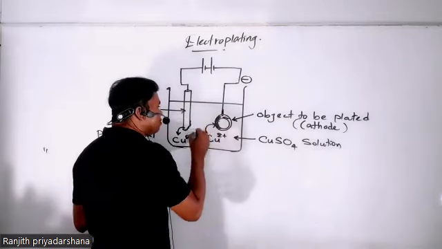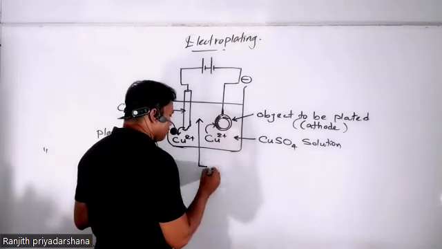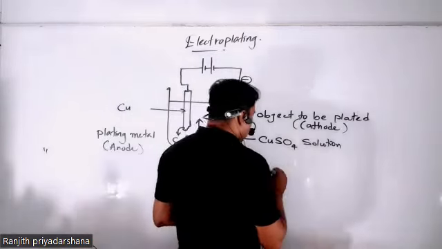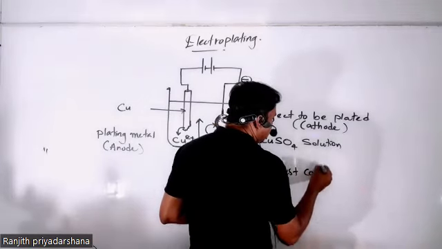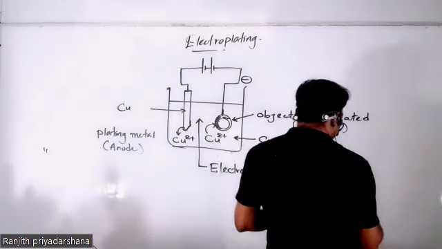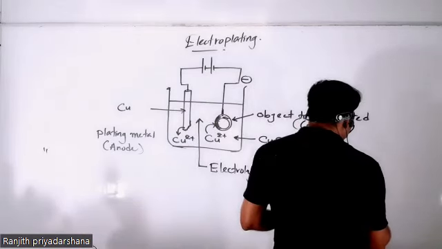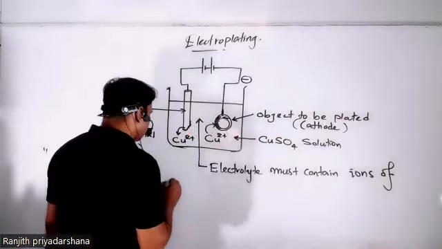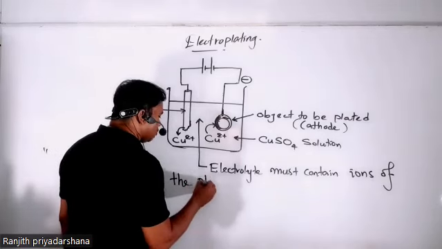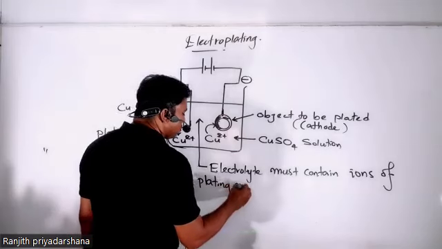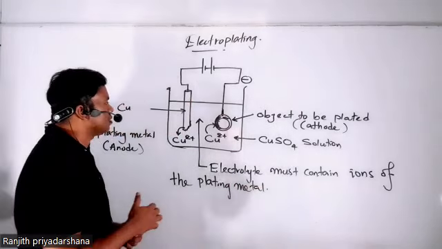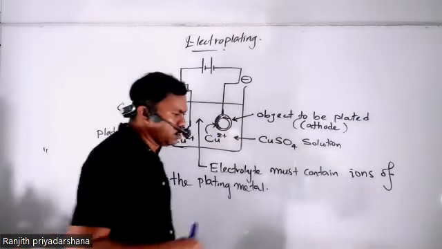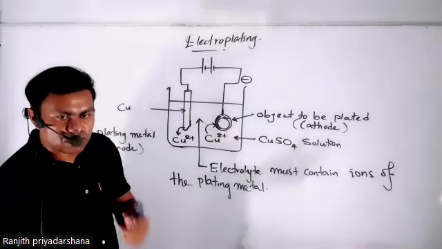This electrolyte must contain ions of the plating metal, for instance here Cu2 plus ions.